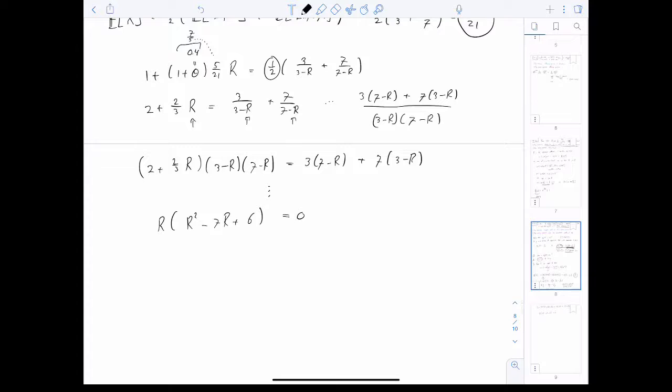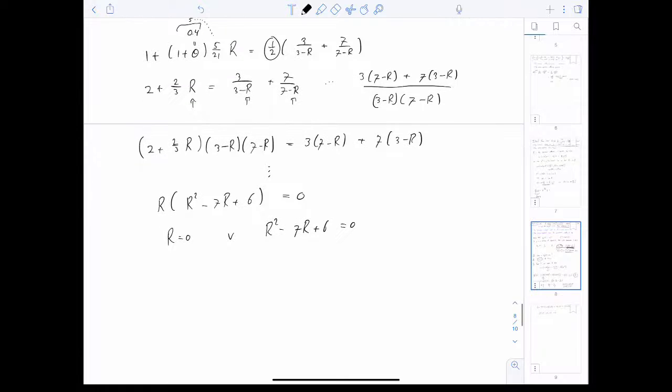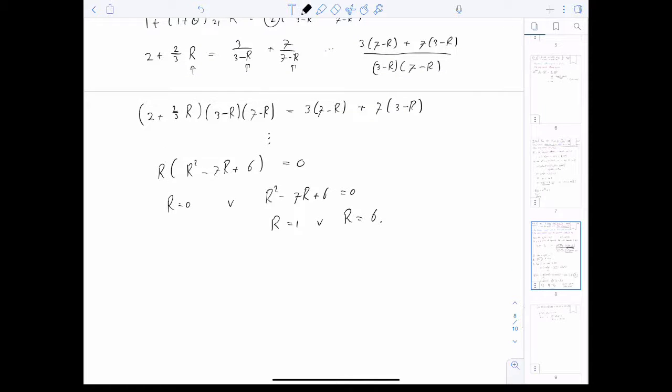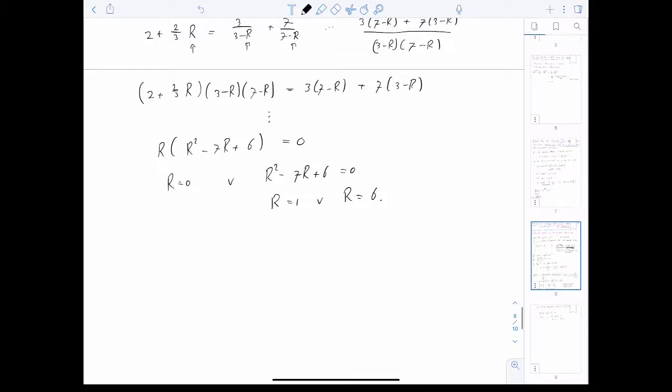Now we can solve this: either r is 0 or r squared minus 7r plus 6 equals 0. And this gives us r equals 1 or r equals 6. Now we have to pick which one is correct.